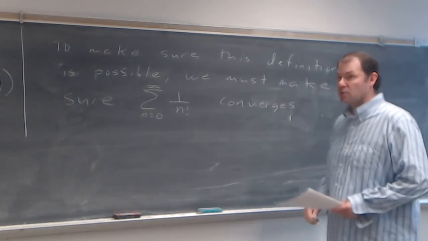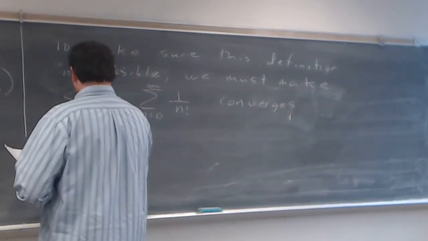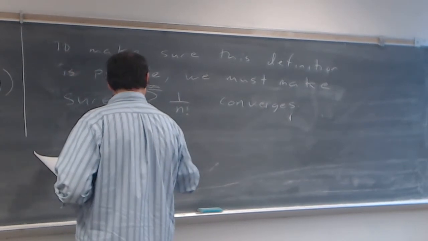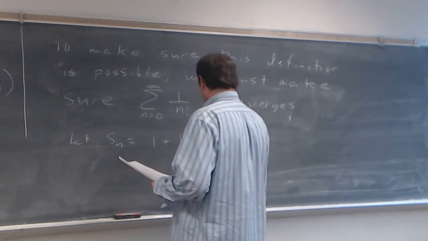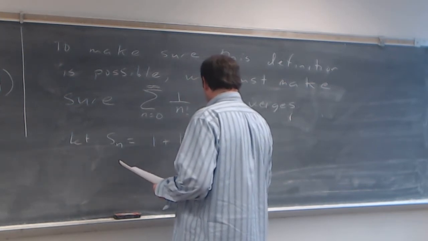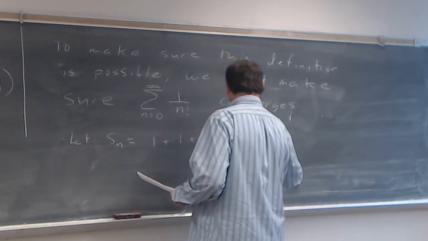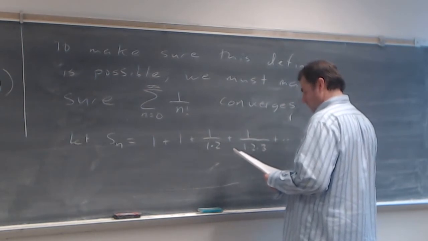Okay. So I'm going to look at its partial sum. So let S of n, the partial sum, be 1, that's when I have 0, plus 1 over 1 factorial, that's 1, plus 1 over 1 times 2, plus 1 over 1 times 2 times 3, plus, we keep going.